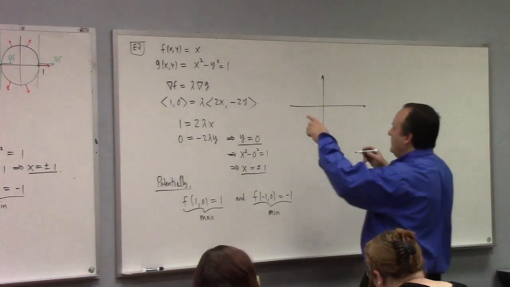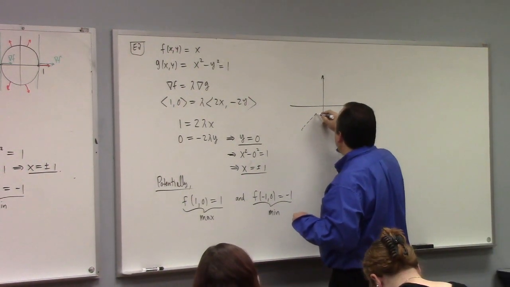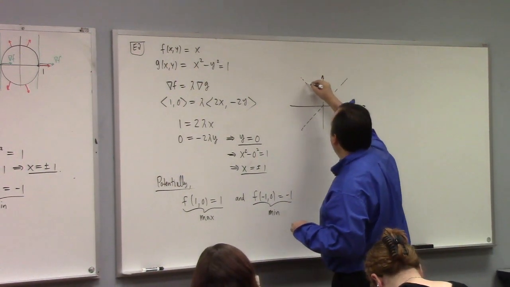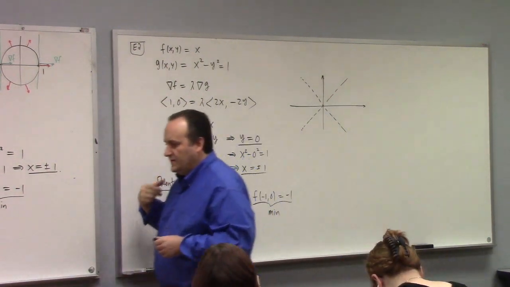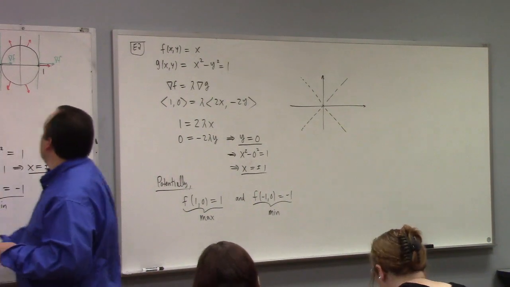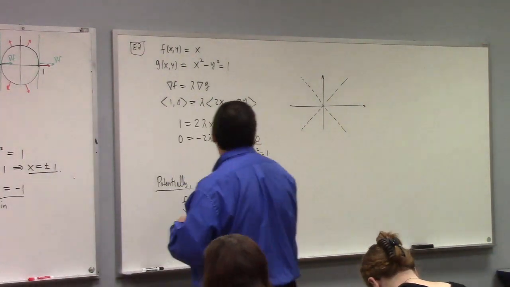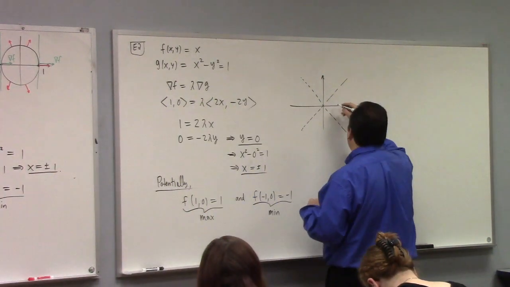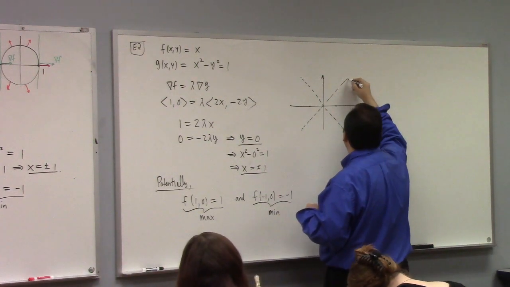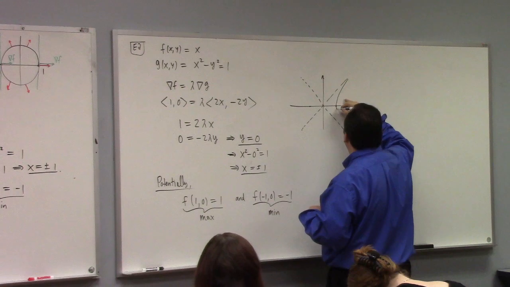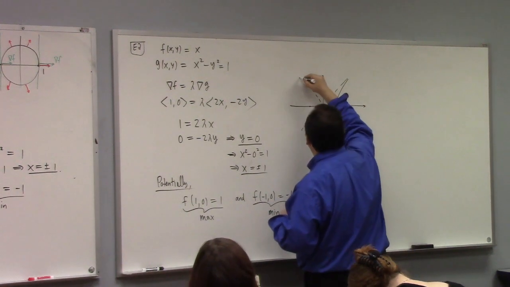What does the graph of the hyperbola look like here? Well, from the algebra we just did, you can see that 1 and minus 1 are on the hyperbola, right? So it's a sideways opening one, something like this.